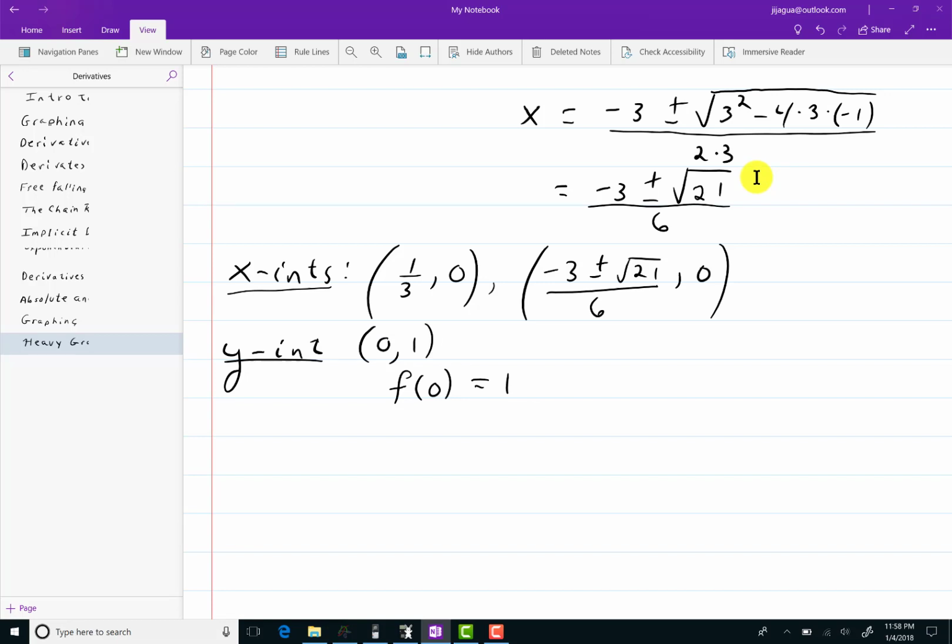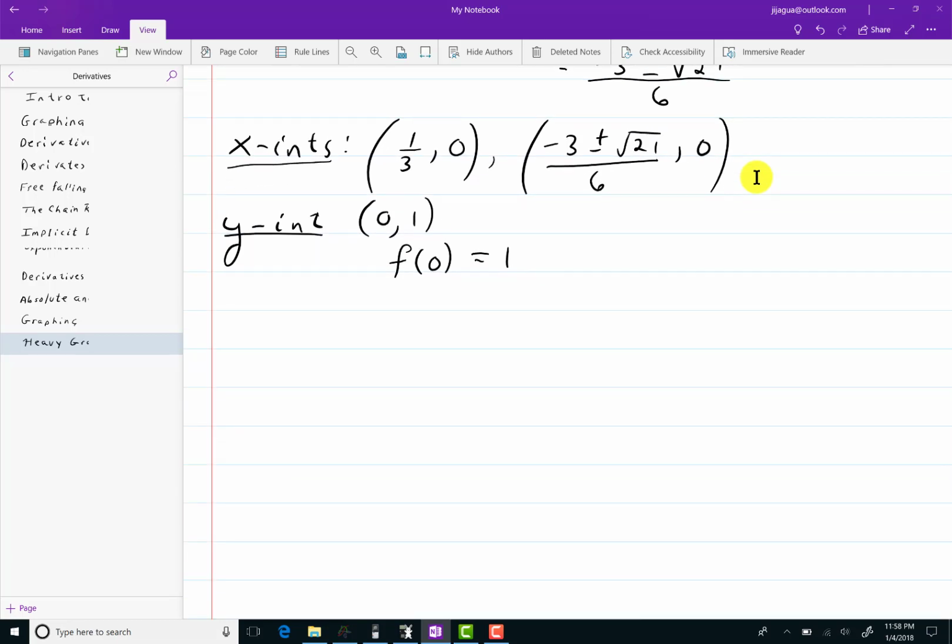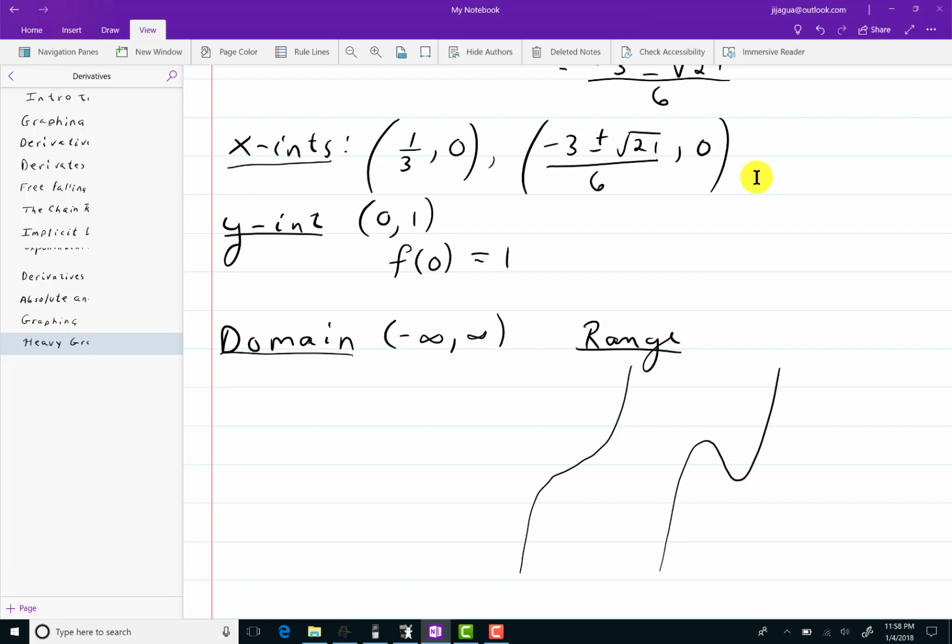So I've got my x-intercepts, y-intercepts. By the way, I didn't hit this off in the first place, but I should have. The domain of any polynomial is -infinity to infinity. The range, well, since it's a third-degree polynomial, you have two possible ways that it can look. It can look something like this, or it could have two local extrema.